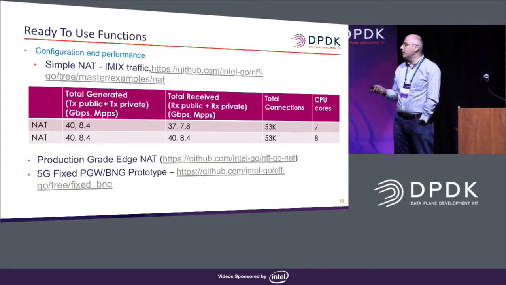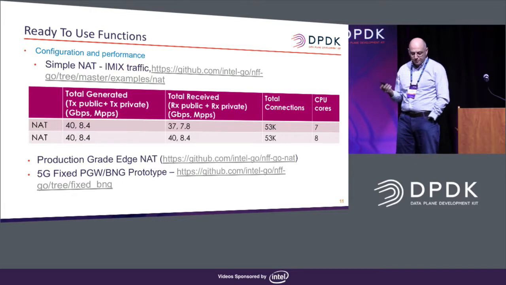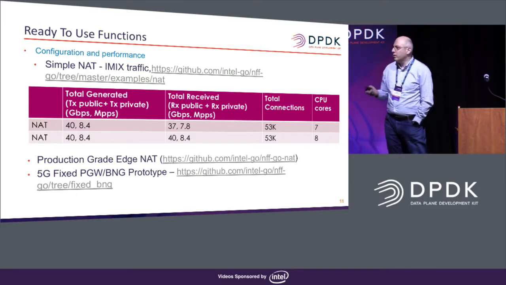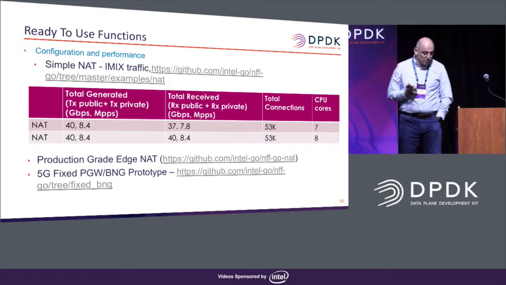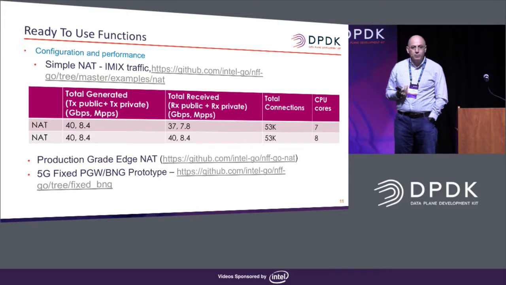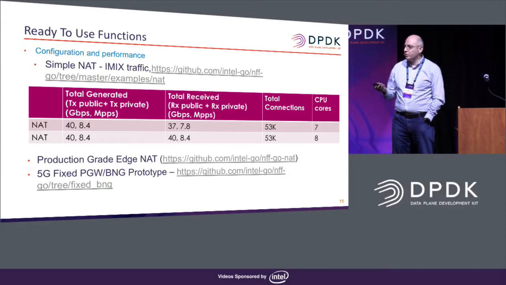And here is some data that you can see here. On 8 cores, we are getting line rate on 50K connections. This is higher than usual DPDK, for sure, but this is because we are using higher level abstractions and a framework where we allocate cores differently.